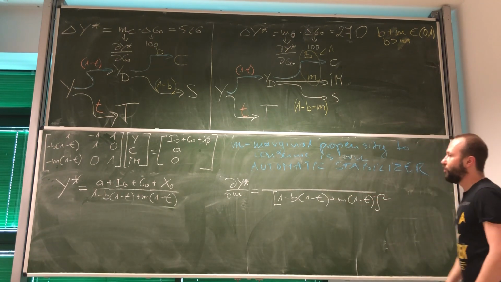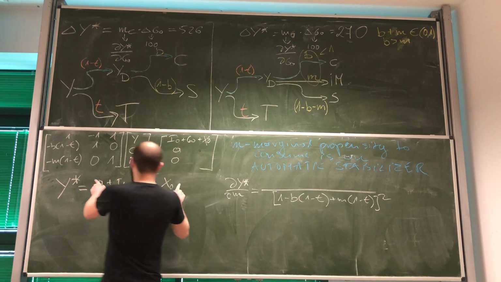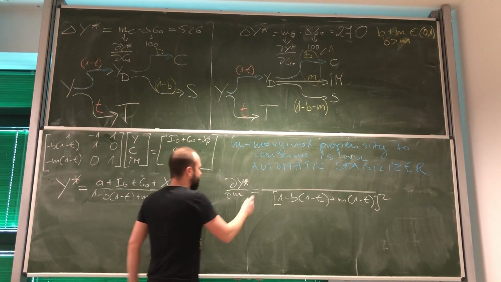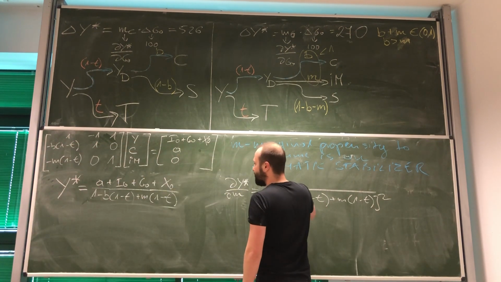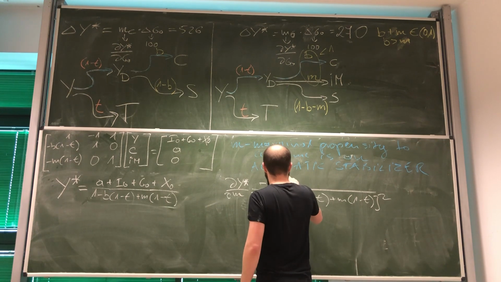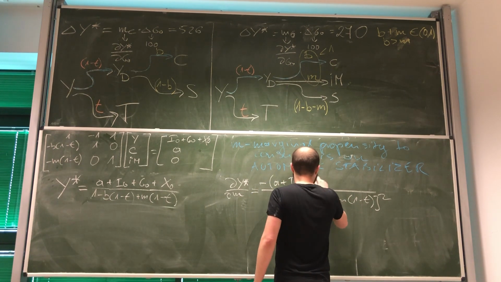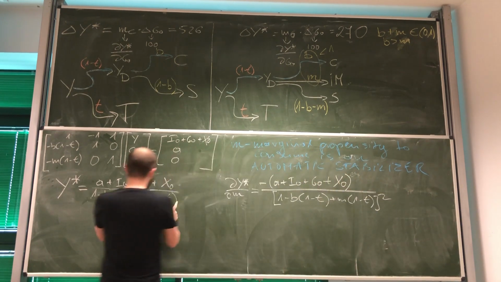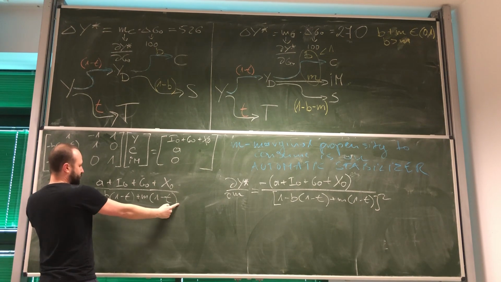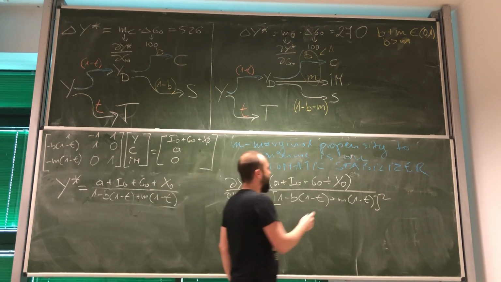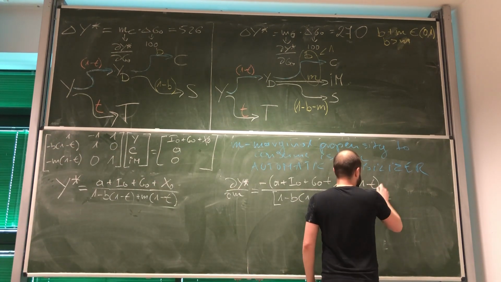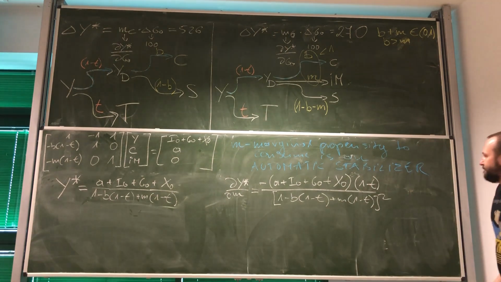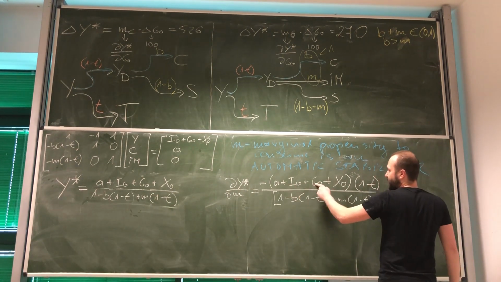And now, what will we have on the top? There's no M here. So the first part is 0, so we've got minus the first expression, A plus I0 plus G0 plus X0, times the derivative of this with respect to M, which is simply 1 minus t. And look, we clearly see that all those are positive.